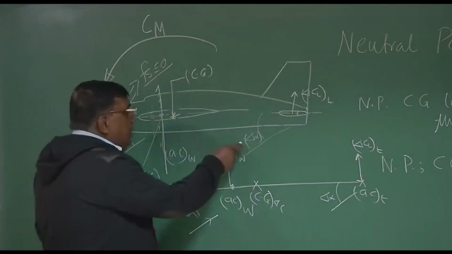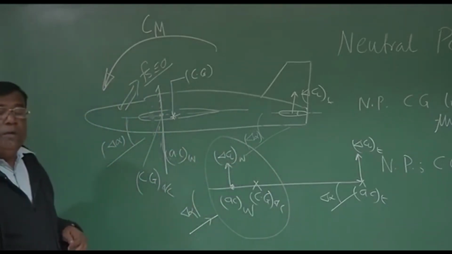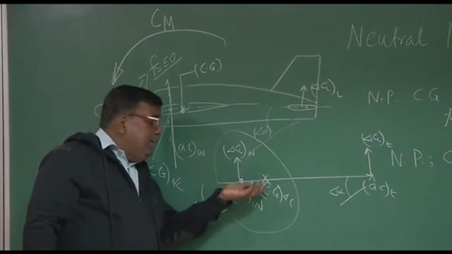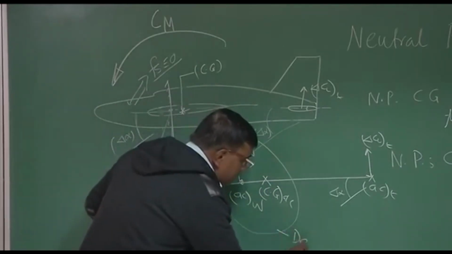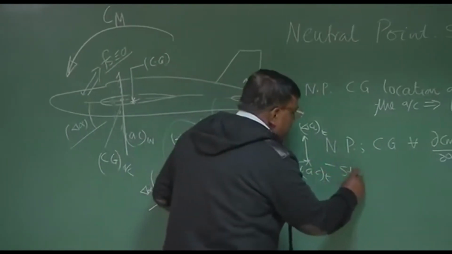This wing contribution will generate what type of moment? Stabilizing or destabilizing? Check here, AC of the wing is ahead of CG, so this will give a destabilizing moment. What about tail? Tail will give stabilizing.